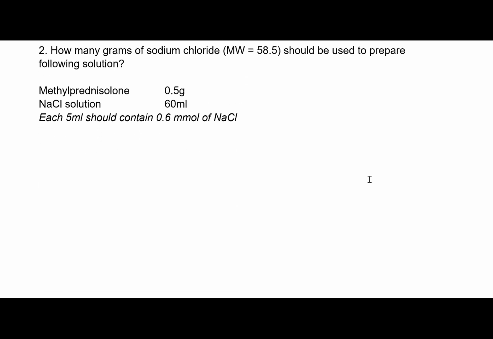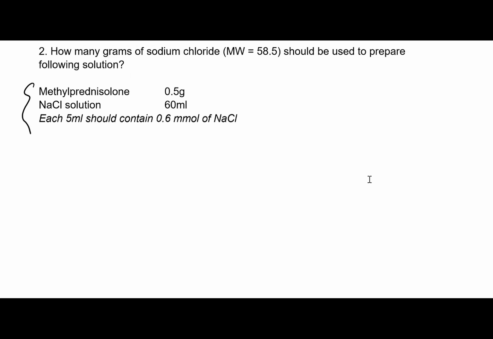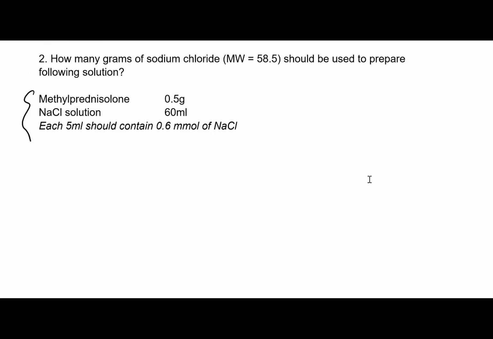The next question: how many grams of sodium chloride should be used to prepare the following solution? Now this is the solution given, and how many grams of sodium chloride I have to find out? It is a millimoles equation. So the first thing I will do, I will write the equation.